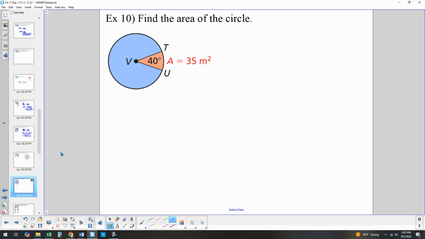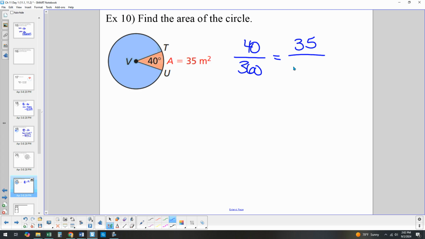Example 10, find the area of the circle. So the area of the circle, they're giving me the area of the shaded region. That's why they're putting it next to this little sector. So the degrees over 360 will be 40 over 360. And now the area of the sector is 35. And they want the area of the circle.